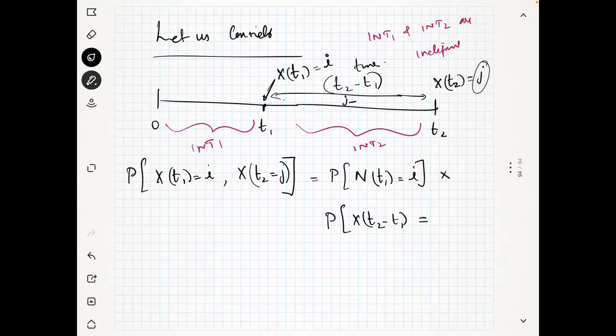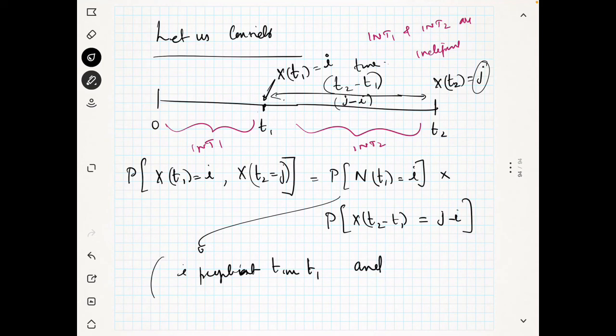There are j minus i arrivals in t2 minus t1. So it means i people at time t1 and j minus i people come again, that means arrivals in time t2 minus t1. So that is what I have represented here.